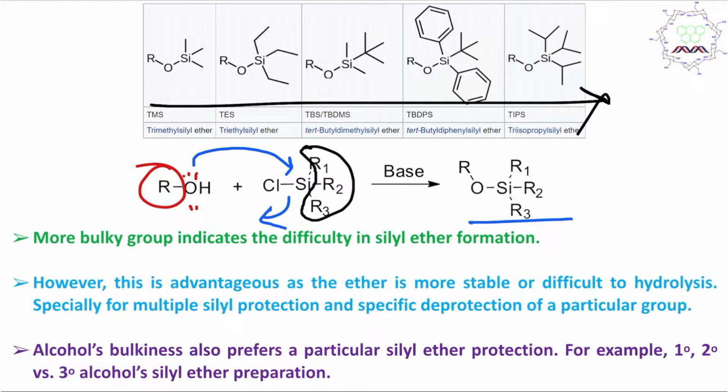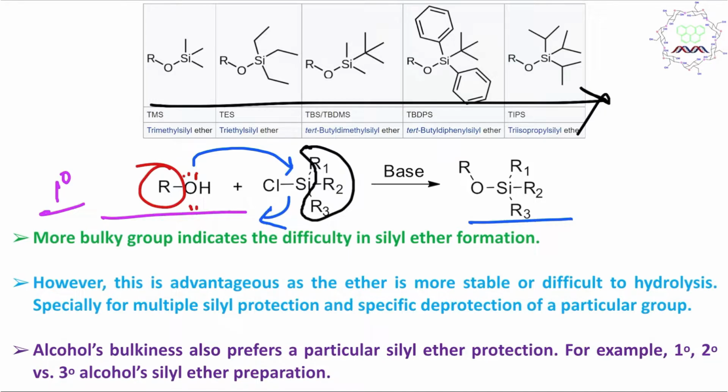For example, you take a bulky reagent and keep primary, secondary and tertiary alcohol in the reaction medium, and give milder reaction conditions. In which alcohol do you expect silyl ether formation? Obviously the primary, because it is less bulky, so it can react with the bulkier reagent efficiently.